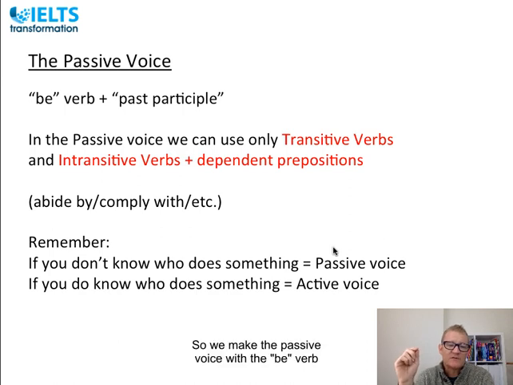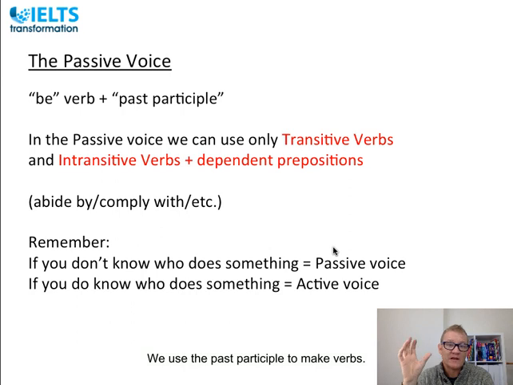So we make the passive voice with the be verb and the past participle. Remember, a participle is when we take a verb and we change it into an adjective. We use the past participle to make verbs. So go, went, gone; do, did, done; make, made, made. It's that third column of verbs, and that's how most people learn it.